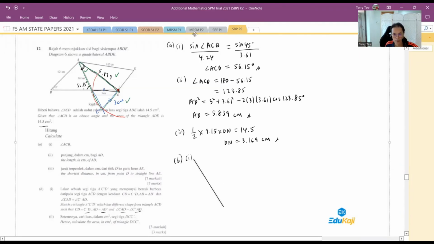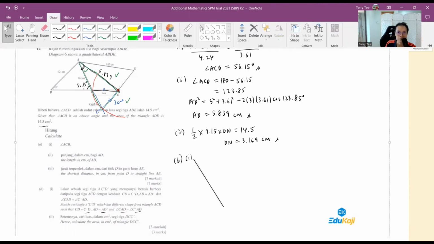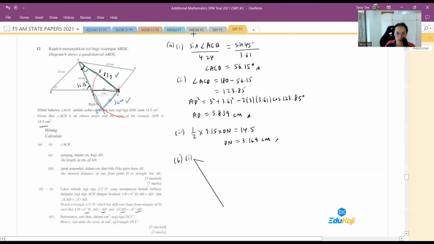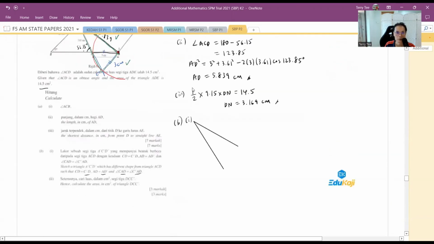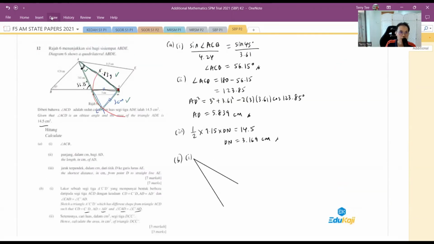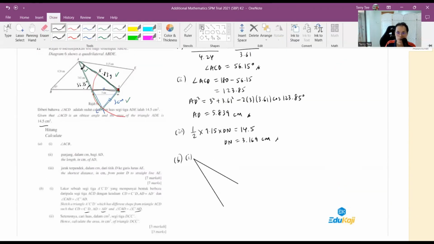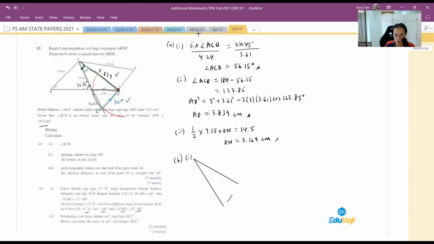First line. Second line will be starting from here, over here. And the third side will be from here to here.